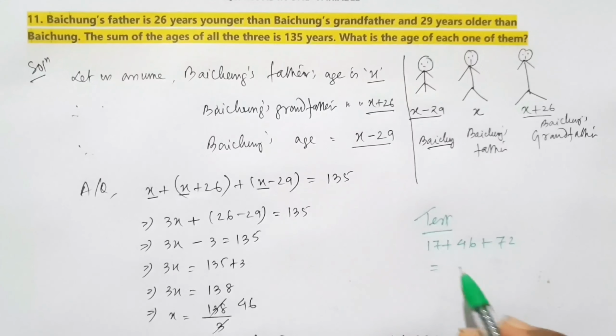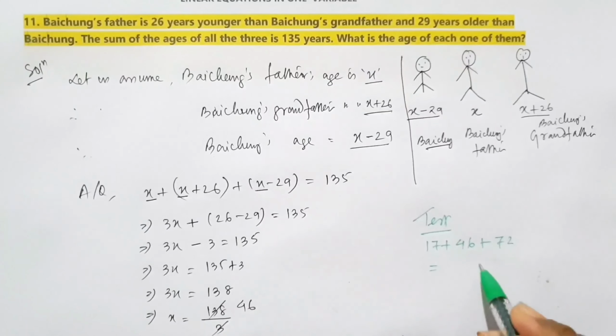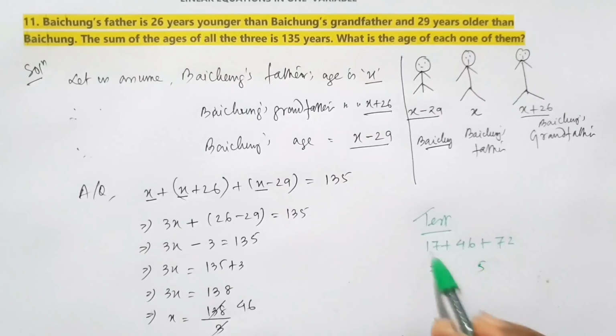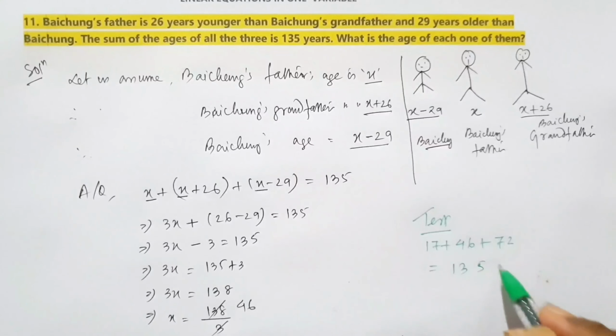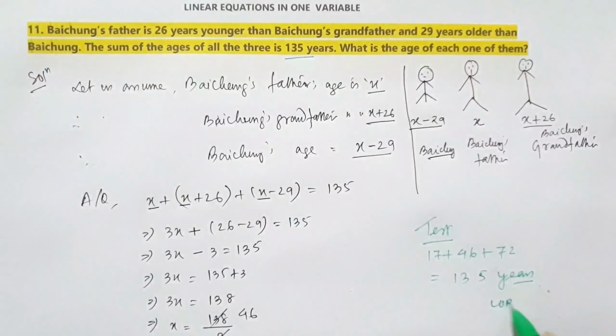Now if we add all the three values, we get 2 plus 6 is 8, plus 7 is 15, carry 1, 7 plus 1 is 8, plus 4 is 12, plus 1 is 13, 135 years, which matches with our question. So ultimately we can say our answer is correct.